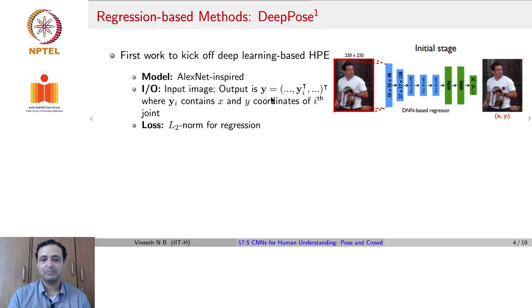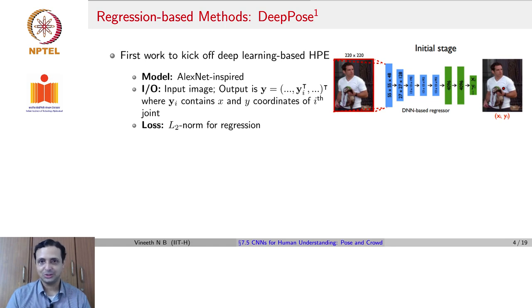So your output is given by y, which is a set of yi's where each yi contains xy coordinates for the corresponding joint. What would be the loss to use here? The loss would be a mean square error for the position of every joint, or the L2 norm for the position of every joint with respect to the ground truth of that joint.